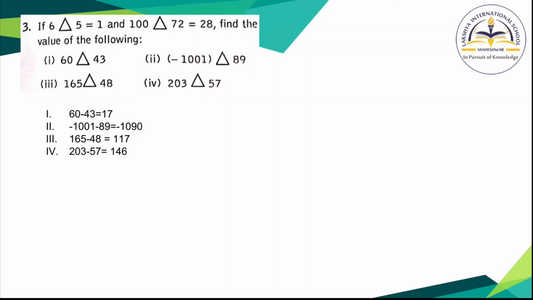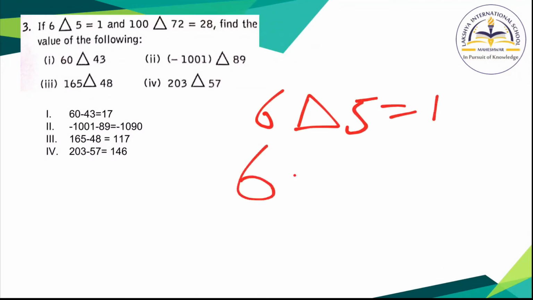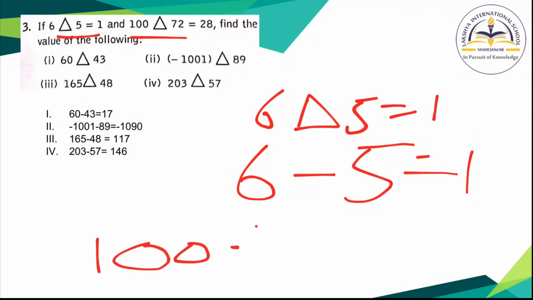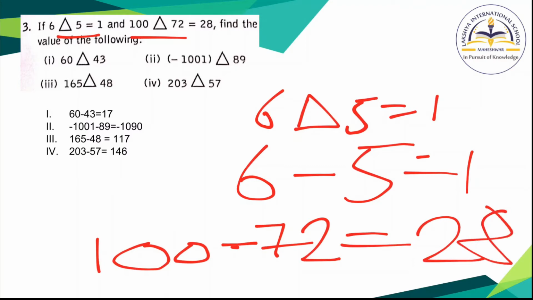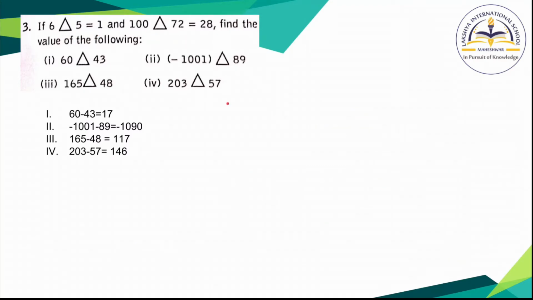Now question number 3. If 6 triangle 5 equals 1 and 100 triangle 72 equals 28, find the value of the following. Here 6 triangle 5 equals 1, so when you use the subtraction sign you will get 1. In the second one also you can check, 100 minus 72 is 28, which means the triangle stands for subtraction.